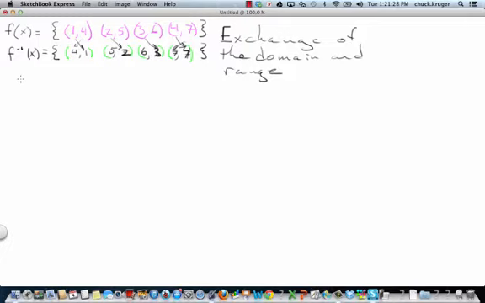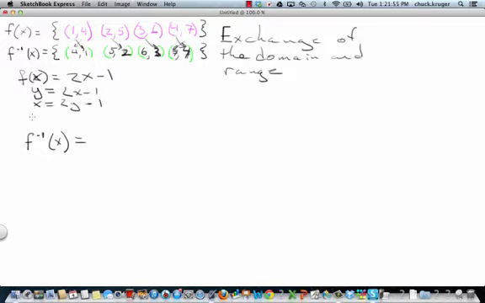In example 2, I give you a function f of x equal to 2x minus 1, and I want to find its inverse. Symbolically, what I'm going to do is exchange the x's and y's. I'm going to write y equals 2x minus 1, and algebraically exchange them, so they reverse places.